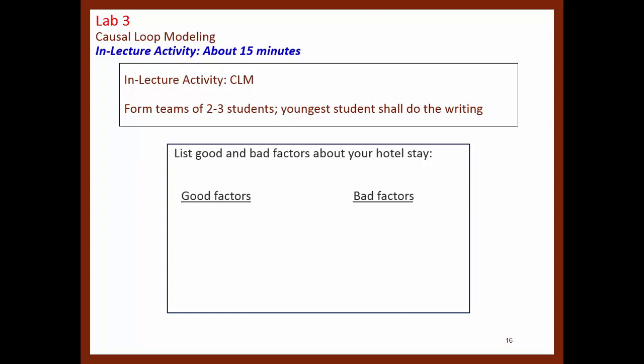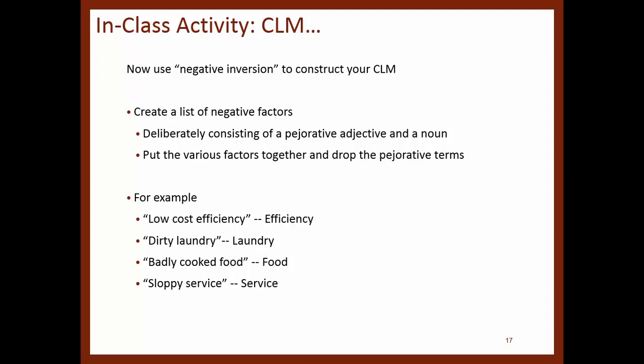I'm pretty sure that all of you are familiar with staying at a hotel at some point. So you can list good and bad factors about your hotel stay. And this is basically helping you to list the variables for your activity.